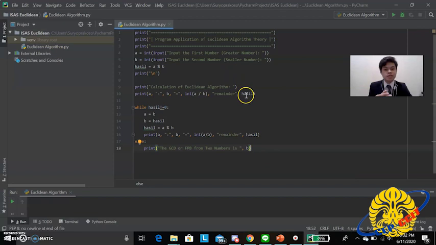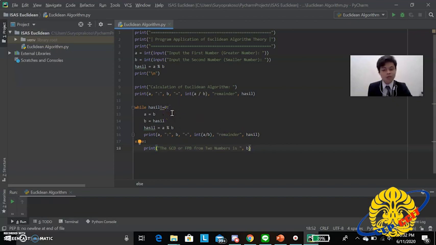We use the Python language for writing this source code. Okay, so this is the source code. This is the while syntax, because we have to loop until the remainder is 0. While hasil isn't 0, it will loop until the hasil, the remainder, is 0.